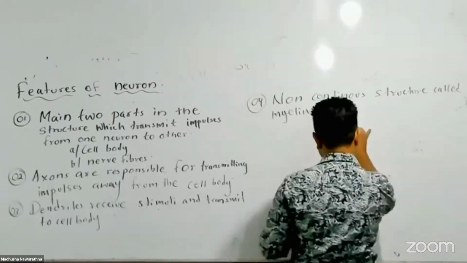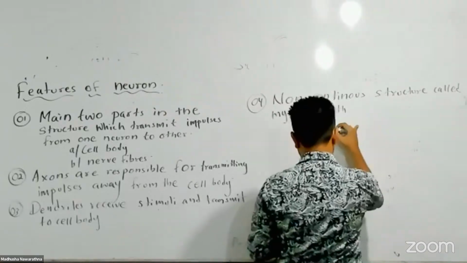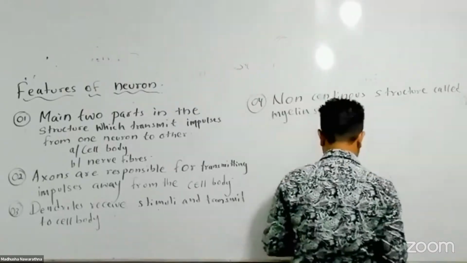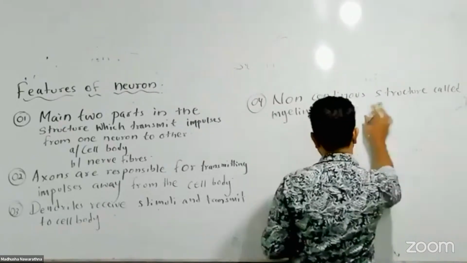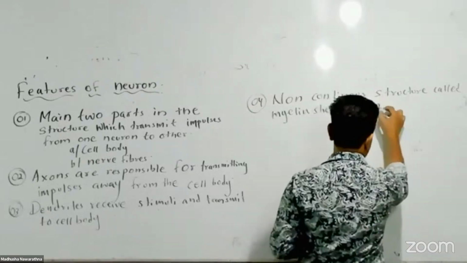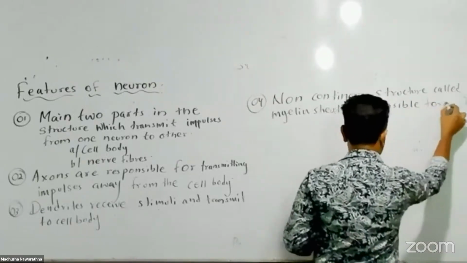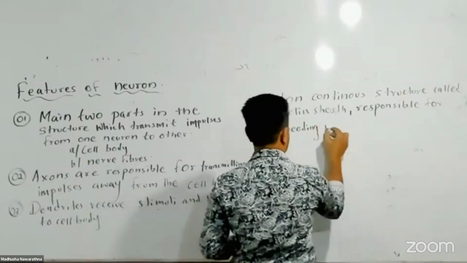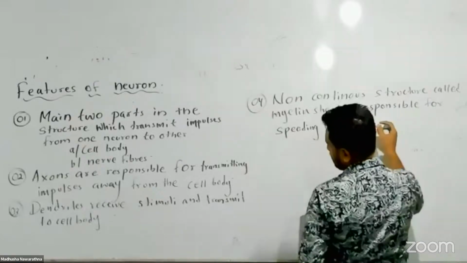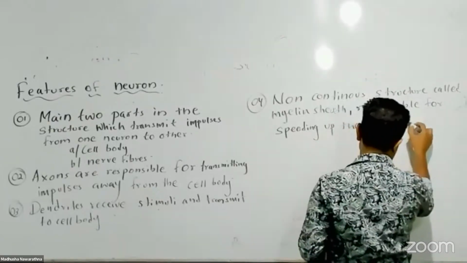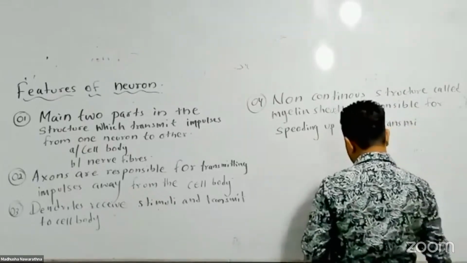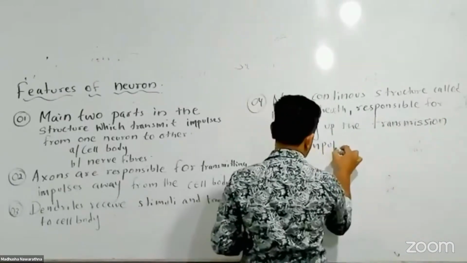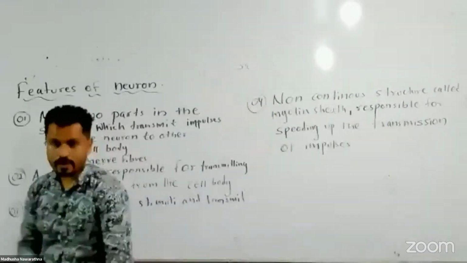Myelin sheaths are responsible for speeding up the transmission of impulses. Okay, I'll explain this again.